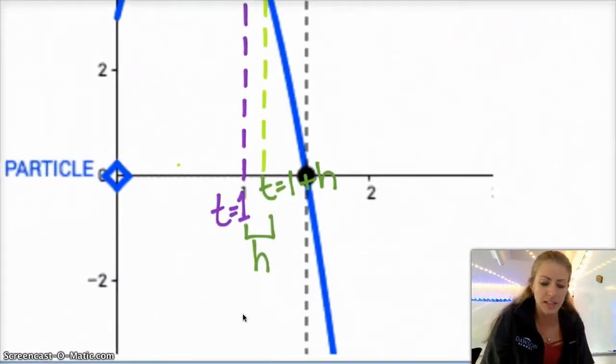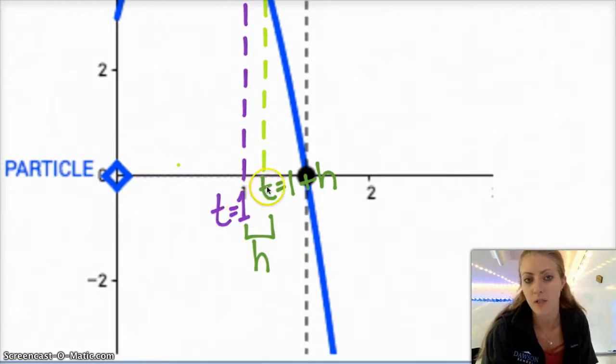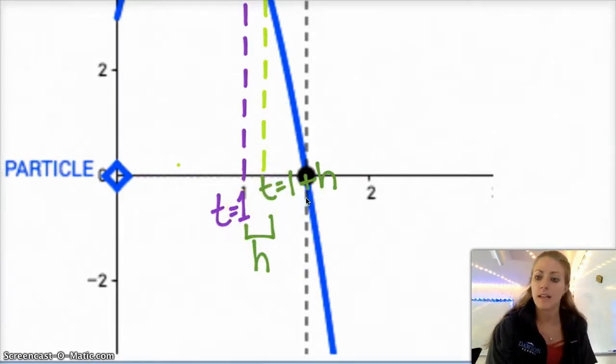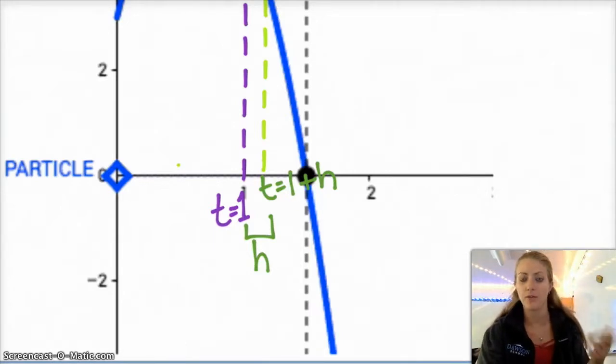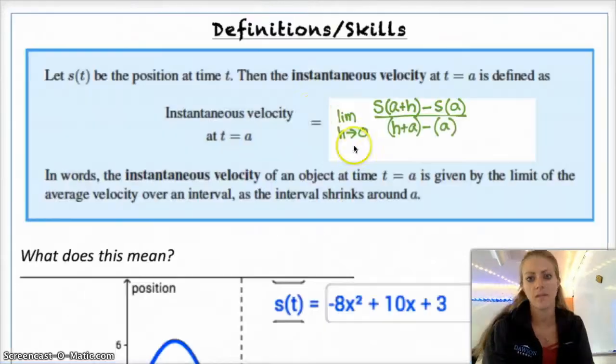And so in this case, right, I have gone over h from 1, which means that this new t value is 1 plus h. And I'm interested in looking at what is the slope, or the change in y over change in x, between those 2 points. And that's how we come up with the formula for the instantaneous velocity at a point. And that's also the same thing as the instantaneous slope of a curve at a point. Okay, so this is how we get our formula.